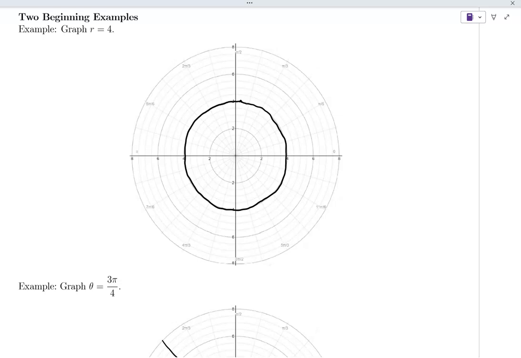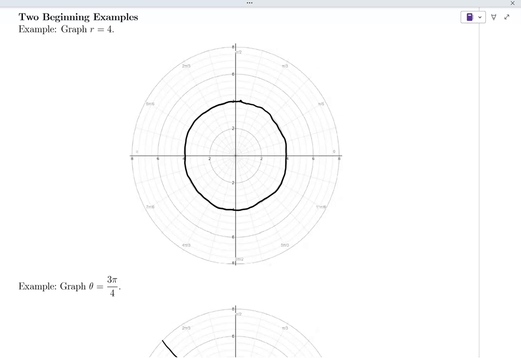If we think of r as being a function of theta in polar, or y being a function of x in Cartesian, y equals a constant gives you a horizontal line that's still a function of x. This is still a function of theta. It's a constant function.